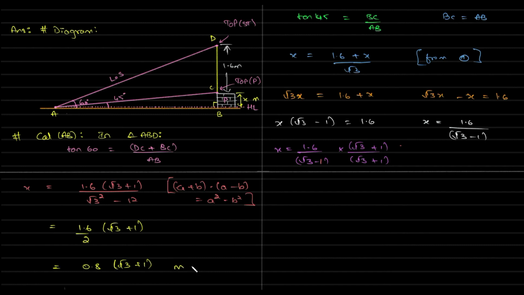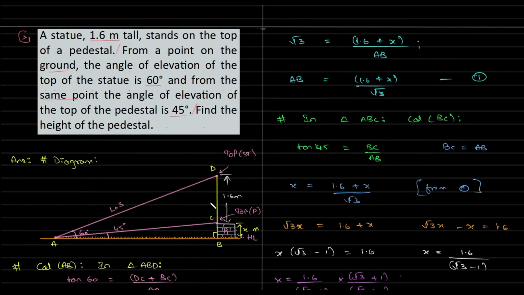Not an issue. The last step is this, directly you can write. So this is the height of the pedestal. You can end the answer with: height of the pedestal is equal to 0.8 times root of 3 plus 1 meters. Now you can pause and have a look.